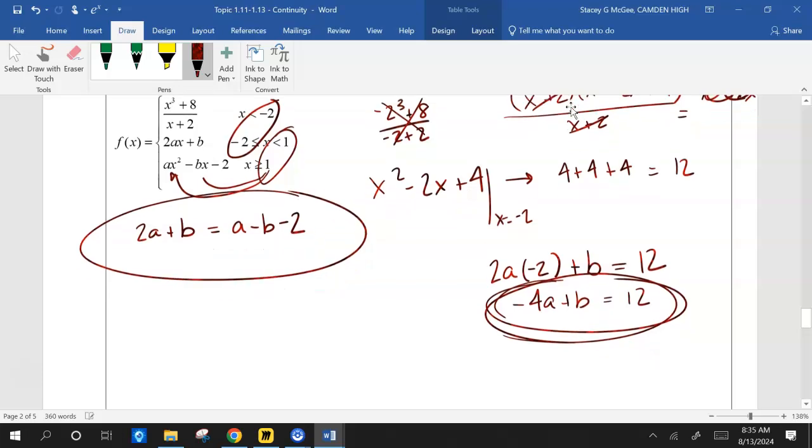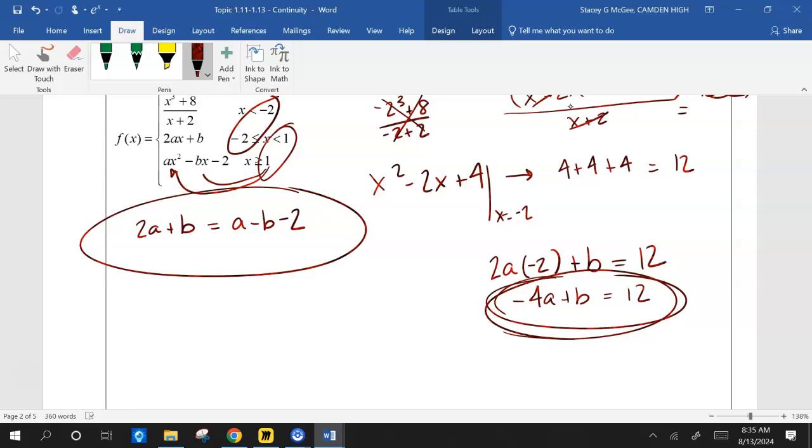If you were to solve it, and I didn't have you solve this because I didn't want you to get too bogged down, but this would be a plus 2b equals negative 2. And so I've got these two systems of equations. I'm with Logan. I'd probably do substitution on this one. This one's easy to get a by itself, or this one's easy to get b by itself.